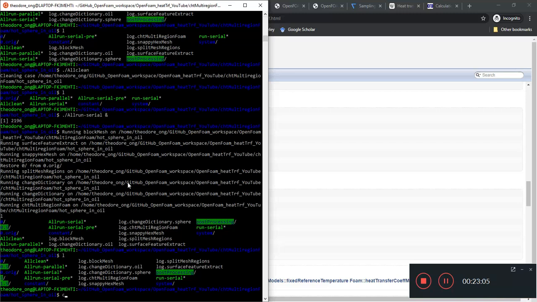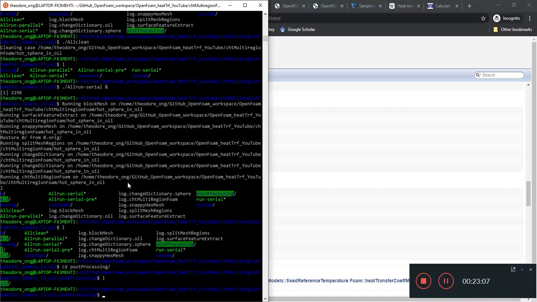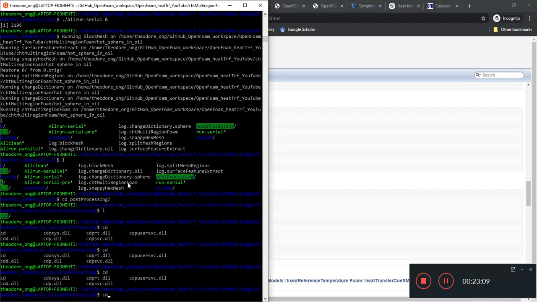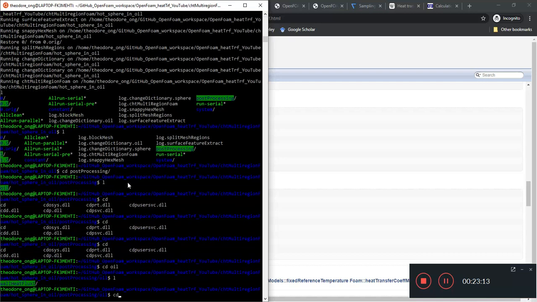And normally we want to take a look at the post-processing. Ideally we would expect to have a heat transfer coefficient file here, so that we can see the average heat transfer coefficient.